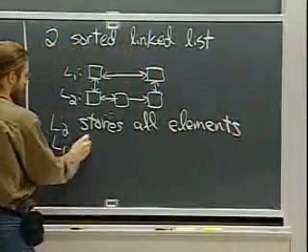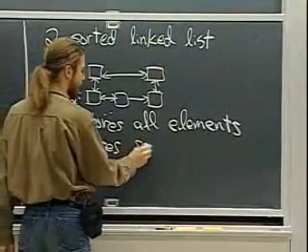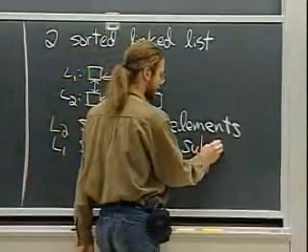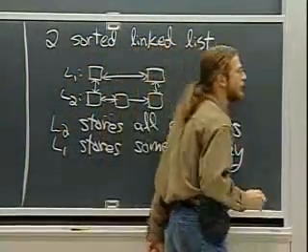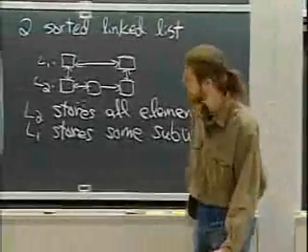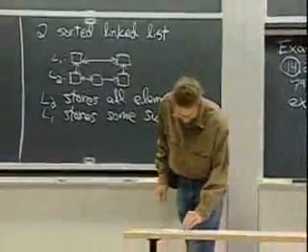And L1 stores some subset. And it's still open which ones we should store. That's the one thing we need to think about. But our inspiration is from the New York subway system. Okay, there. That's the idea. Of course, we're also going to use more than two lists, but okay.